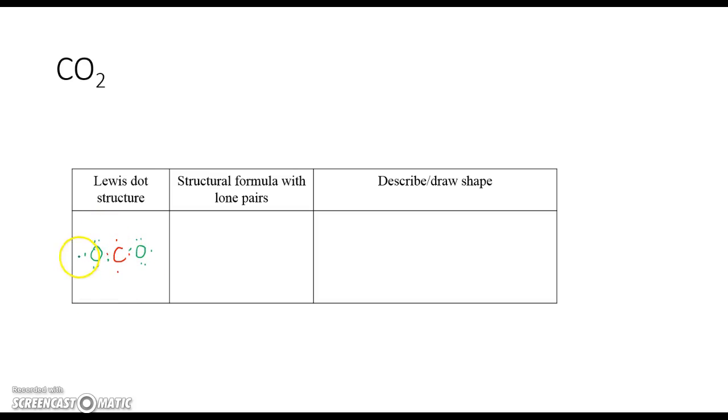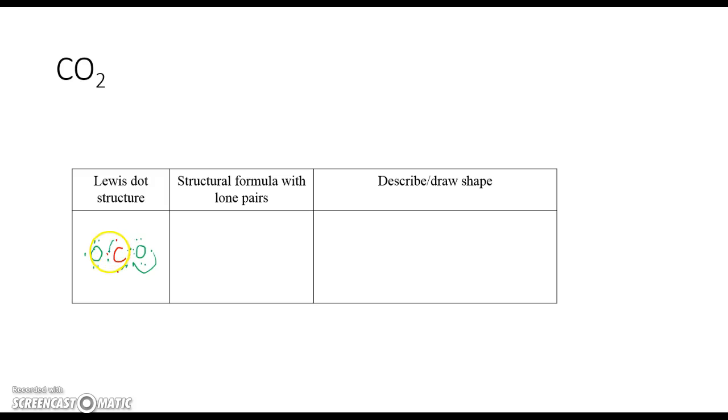So what is it that we can do for these single ones? This electron will actually move over here, and this electron will move over there to create what we call a double bond. And that's the case for this one as well.